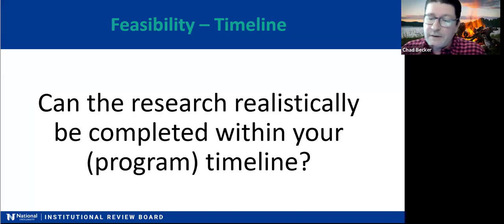So any study with a 17-year-old or younger needs parental permission. We're not going to go into some of the exceptions, but generally, if you're working with minors, you'll need to go through the parents, which takes time. You have to recruit them, you have to get their permission, and then you have to recruit the minors and then get minor assent. So that's 4 steps, where maybe someone else only has 1 step because they're working with adults.